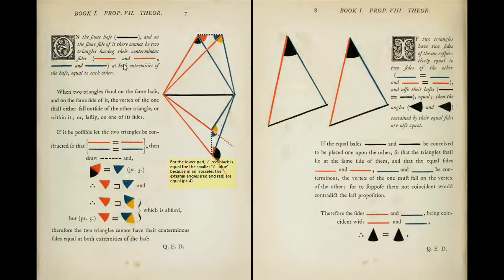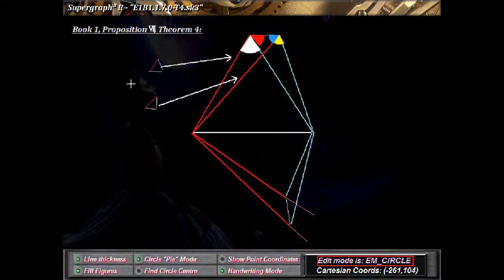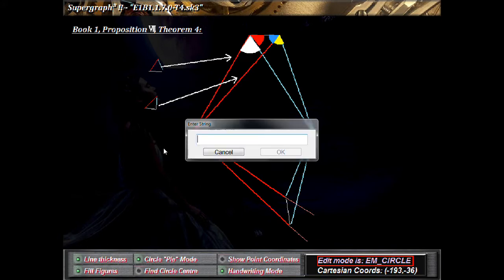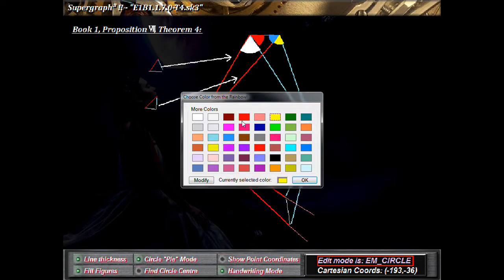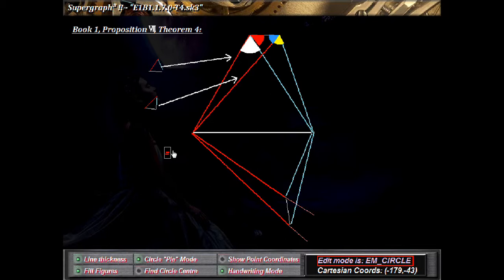Okay, red and blue are equal by hypothesis. One way to indicate that, actually, I wonder how well this would do as an indicator. It's not very long. If I had two of them together, I think that's a standard symbol.